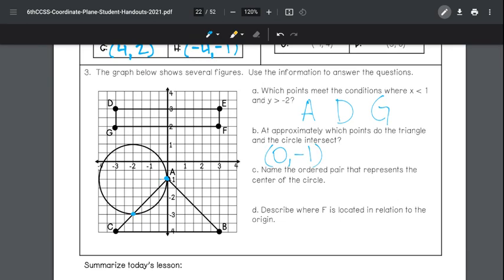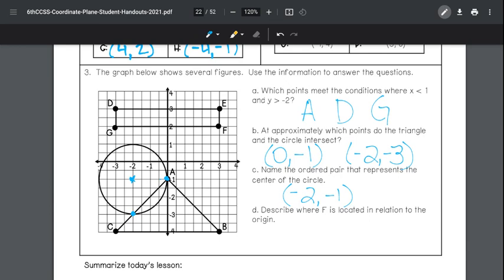And this point is -2, -3. C, name the ordered pair that represents the center of the circle, which is going to be here. I'm going to put -2, -1.